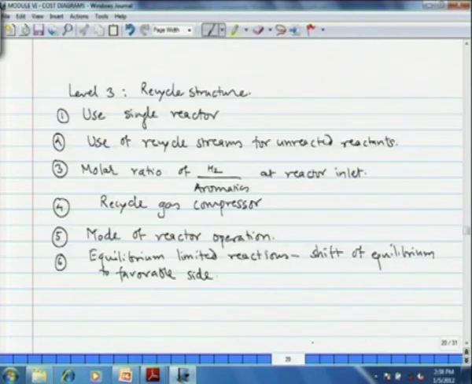Thereafter, at level 3, the recycle structure of the flow sheet, we had the option of using a single reactor, and use of a recycle stream for unreacted reactant. Then the third design variable, a major design variable, was the molar ratio of the 2 reactants, hydrogen and aromatics, at the reactor inlet. Then the recycle gas compressor, then the mode of reactor operation, whether adiabatic or isothermal, and finally the equilibrium limited reactions, the shift of the equilibrium to the favorable side.